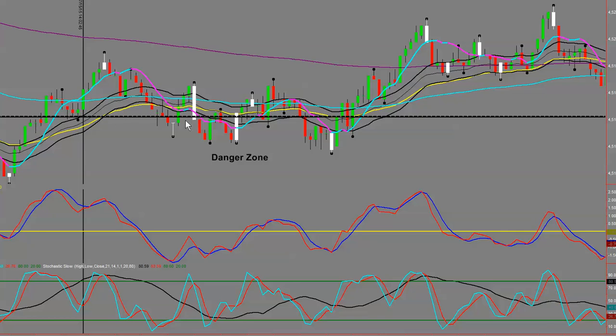Where you get these strong pivots, and there's an extra black line there, I'll explain in a moment. So you can see here we've got our 34, we've got our 89. Yes, the 200 still in a downtrend, but notice how our channel is all basically horizontal and traveling along a pivot. This is where you've got to be very, very cautious with your trading, because this is where you can get chopped up really badly.